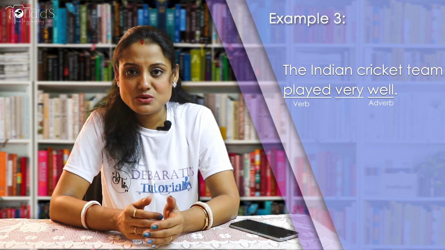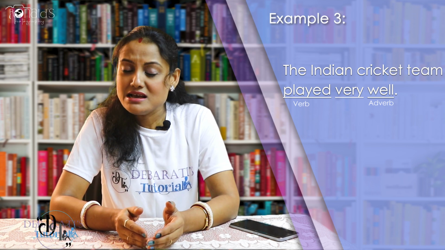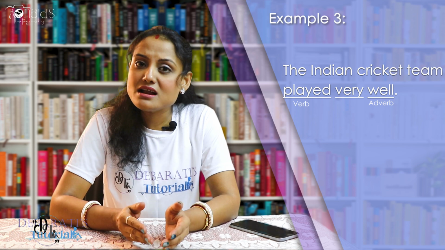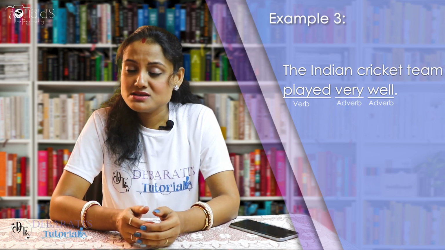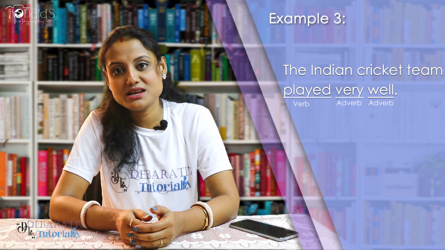Very well. So in the third example, the adverb well is described by another adverb very. So in the third example, an adverb is describing an adverb. So with these 3 examples, we learn that an adverb is a word that can describe a verb, an adjective or another adverb.